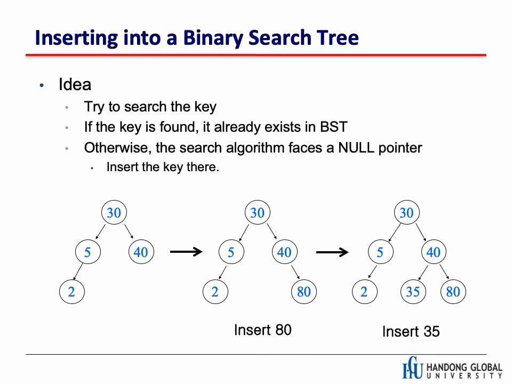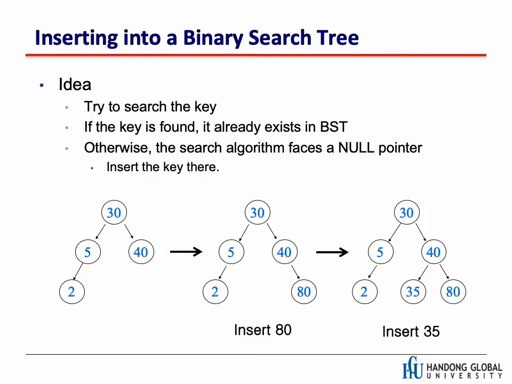We check the root node 30, and 30 is smaller than 80, so we go to the right child, 40. We compare 40 to 80, and 40 is smaller than 80, so we go to the right child of 40, and it is null. So we can be sure that we don't have 80 in the BST. Then we put 80 there.